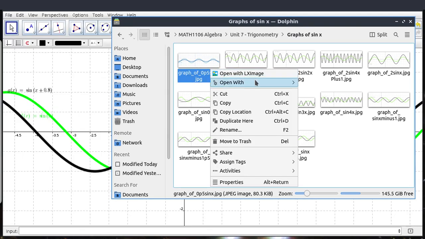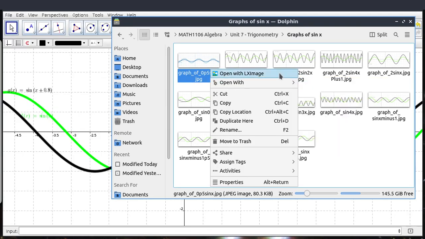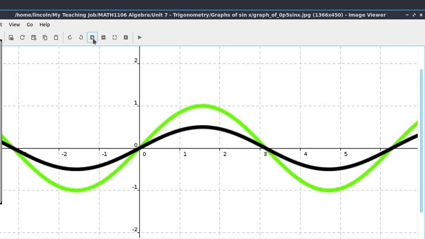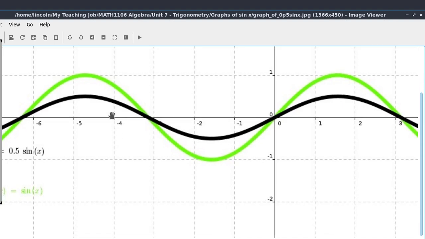In fact, we can take a look at all of these graphs here. Let me increase the zoom. Alright, so what you have, the green graph is sine x, the modified graph is half sine x.